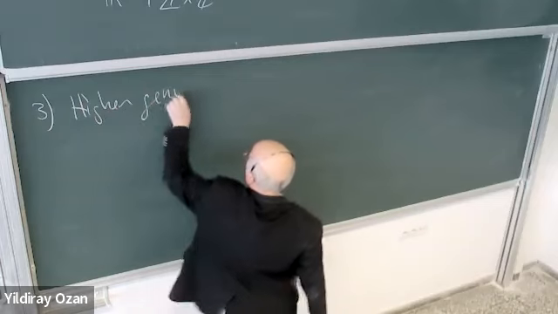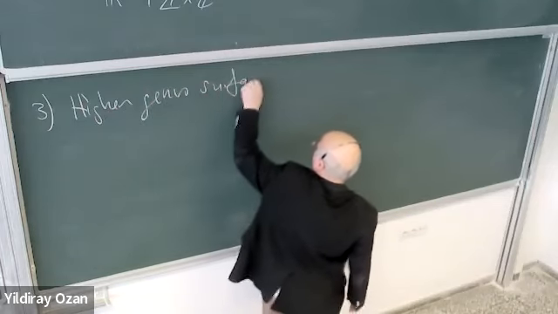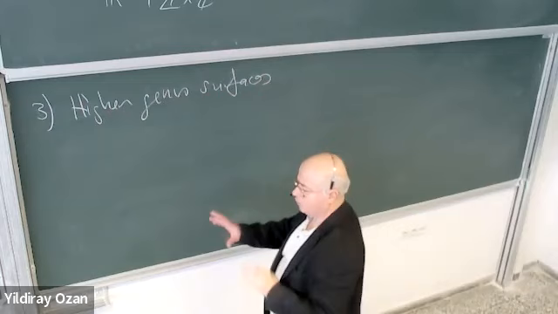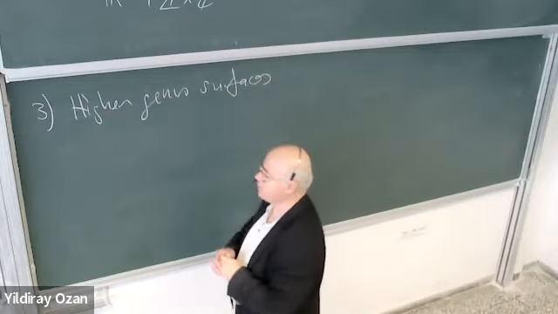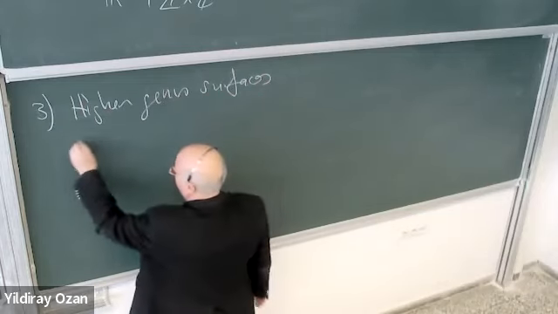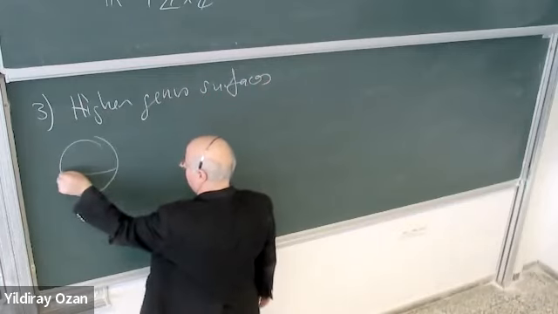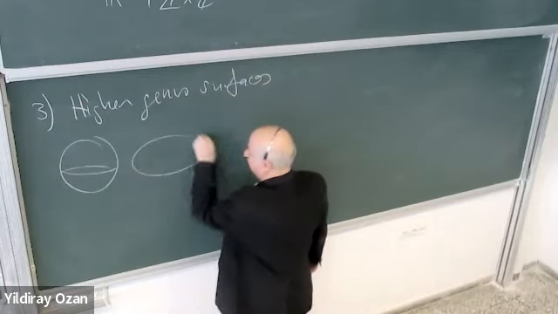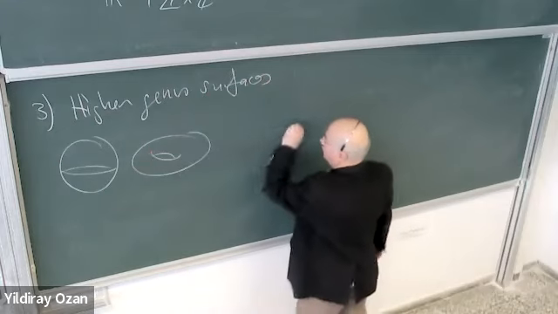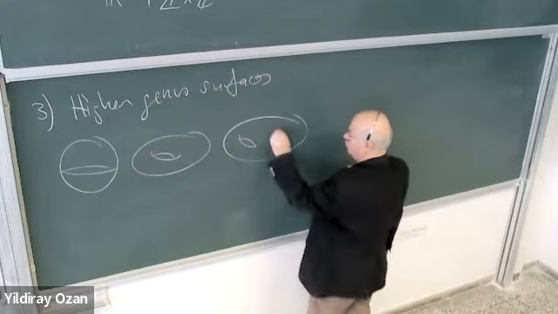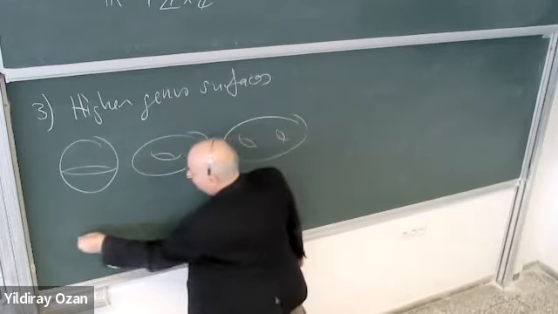Higher genus surfaces. All compact surfaces are sphere, torus, torus with 2 holes, and so on.